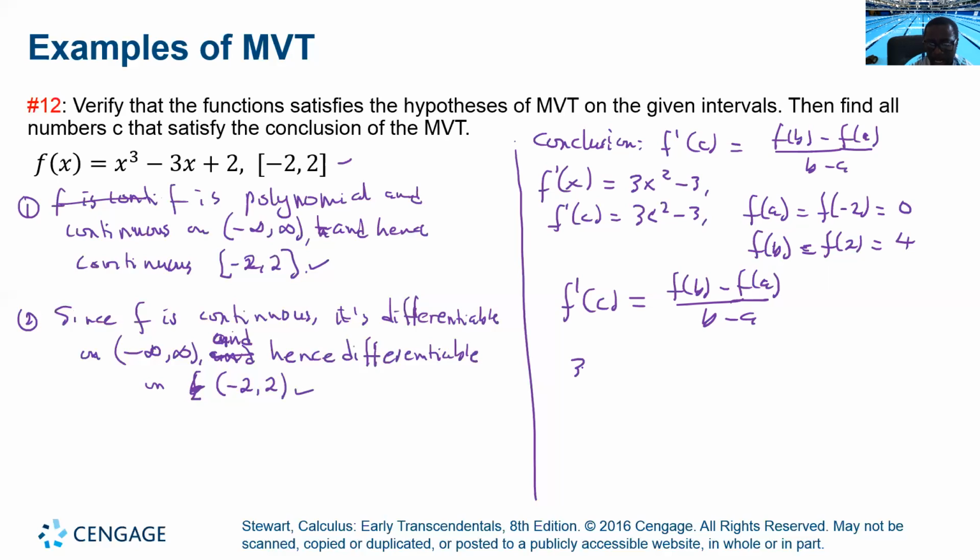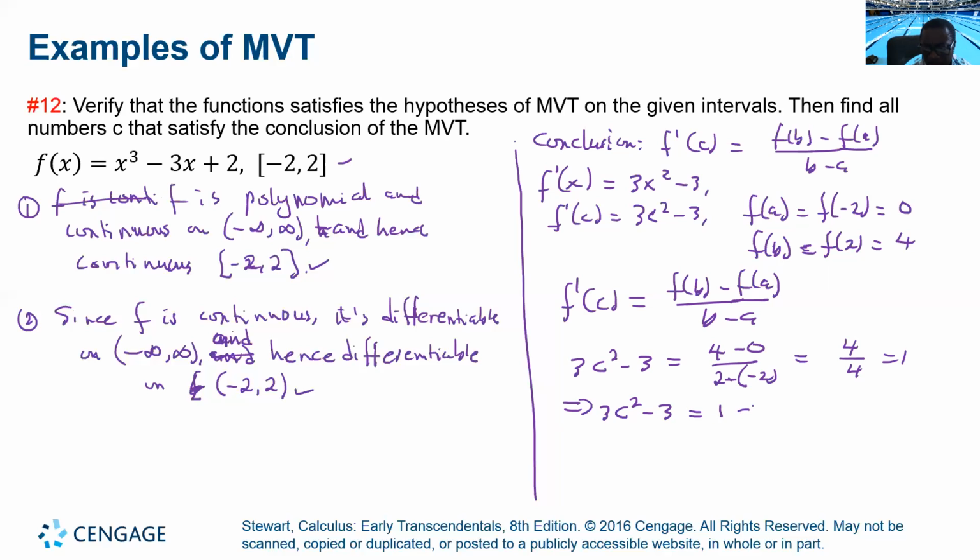Now this is 3c squared minus 3 is equal to 4 minus 0 over 2 minus -2, which will give us 4 over 4, which is equal to 1. So that means that we have 3c squared minus 3 is equal to 1.